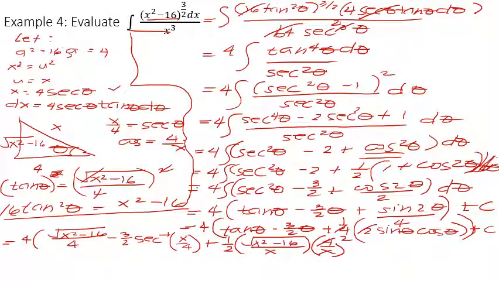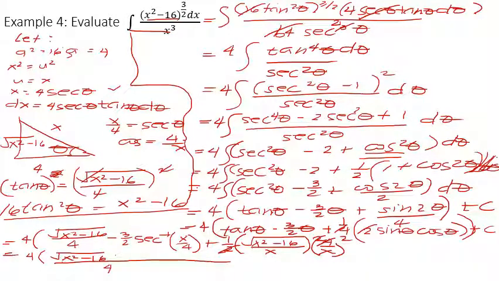So this cancels, it becomes 2. So we have here 4, square root of x squared minus 16 all over 4.